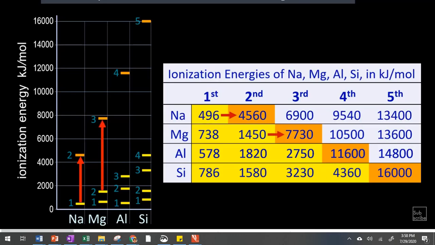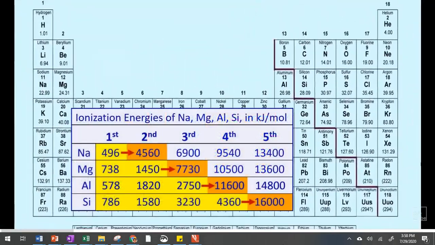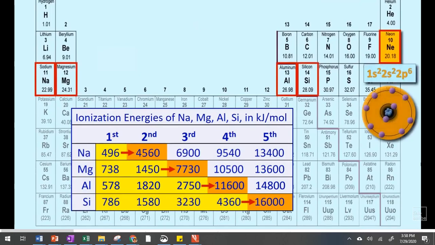Magnesium loses 2 electrons to become stable, so the big jump is at the third IE. Aluminum loses 3 electrons to have a neon configuration, and so the big jump is at the fourth IE. And silicon loses 4 electrons to get to the core, and so its big jump is at the fifth ionization energy. What do you think the pattern would be for elements in other periods?